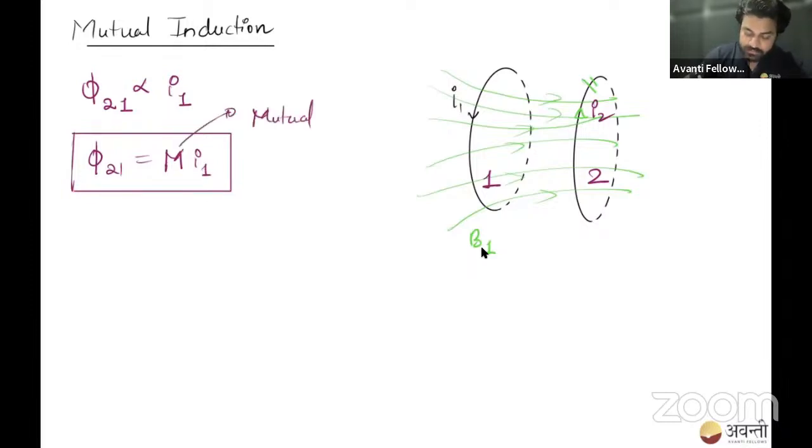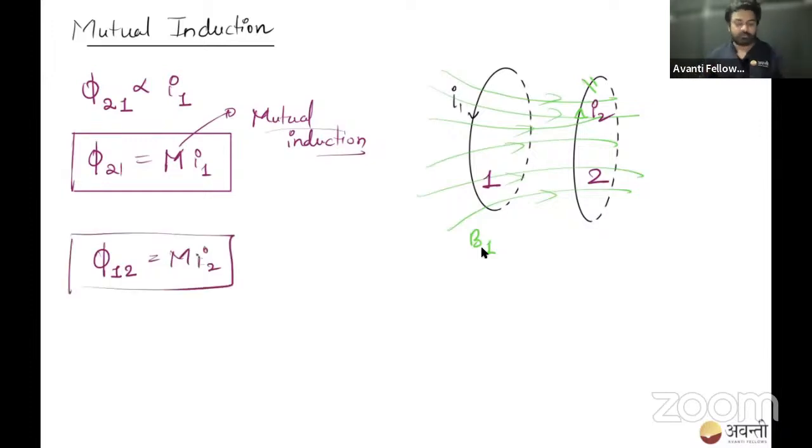This is called mutual inductance. If, the other way around, current I2 is flowing in the second coil and the first coil gets induced, then we can also write the flux linkage with coil 1 as M times I2.